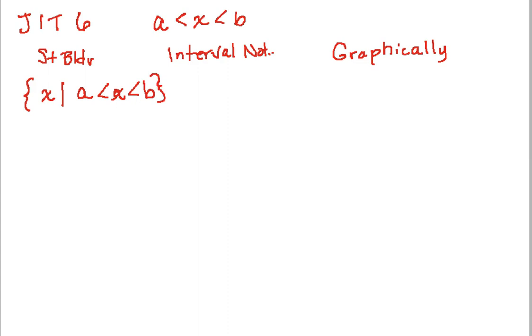Here, we're not including A and B, so in interval notation we have parentheses, A, comma, B, which we've already talked a bit about.